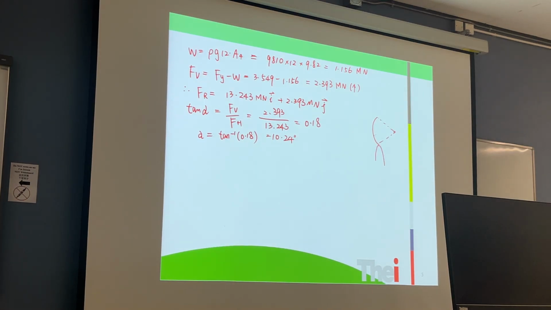Okay, so the force of action in this situation is like this. This angle is 10.24 degrees.